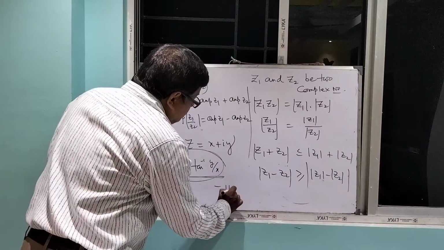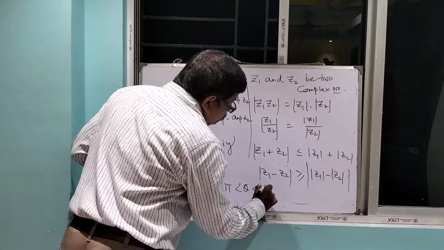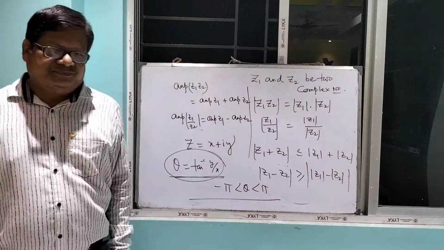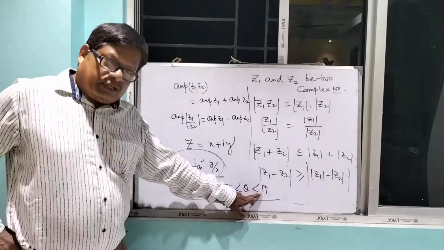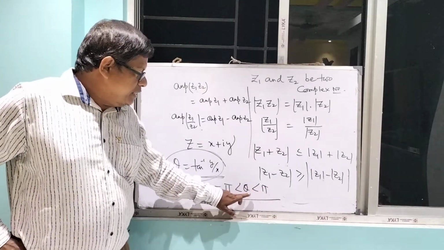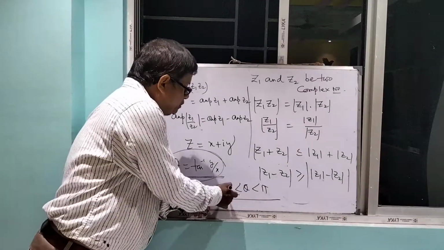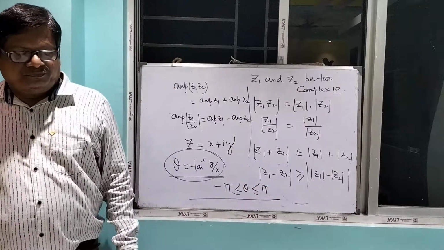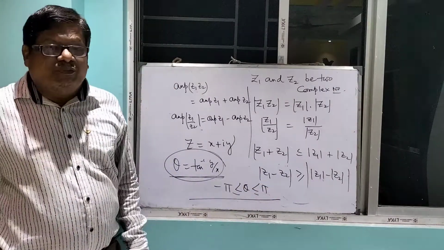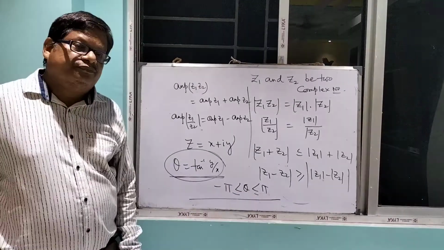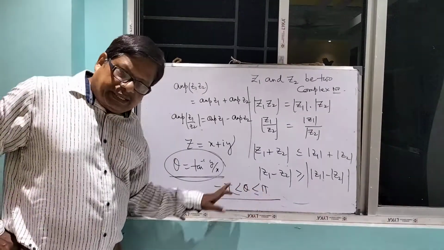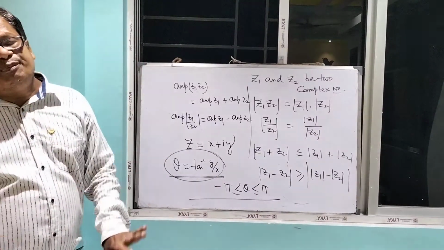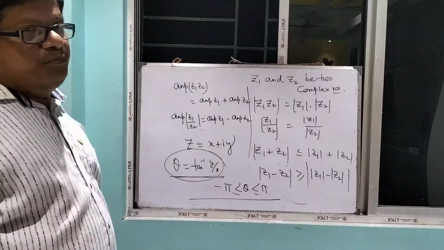So minus pi less than theta less than or equal to pi, this is known as the principal interval, maybe with equality. So the amplitude or argument lies between these two; this is the principal value of the argument or amplitude.